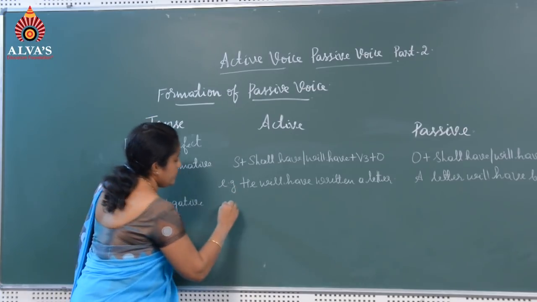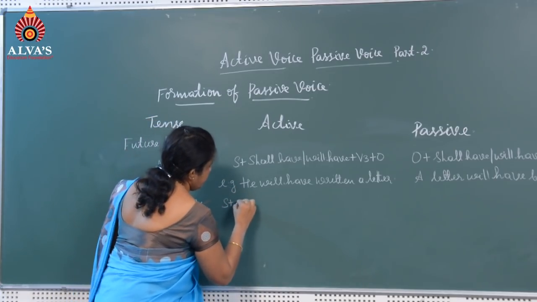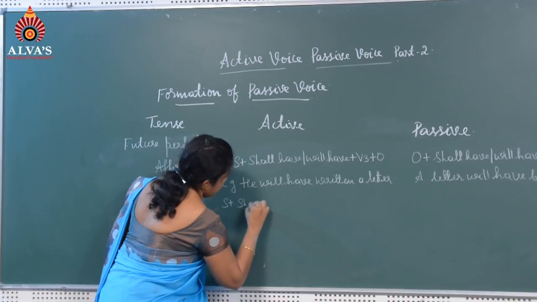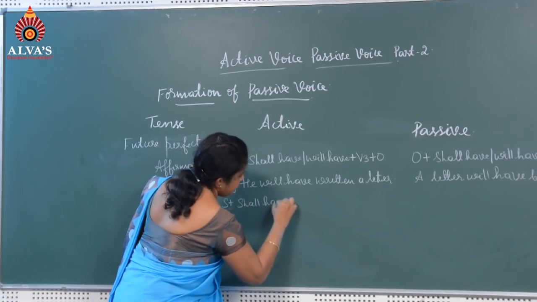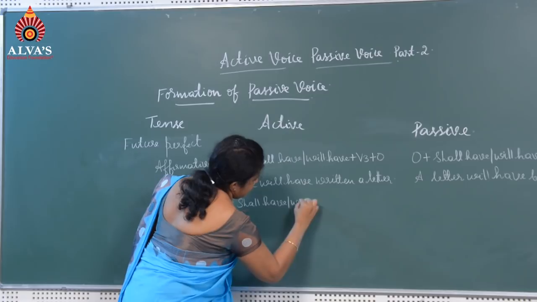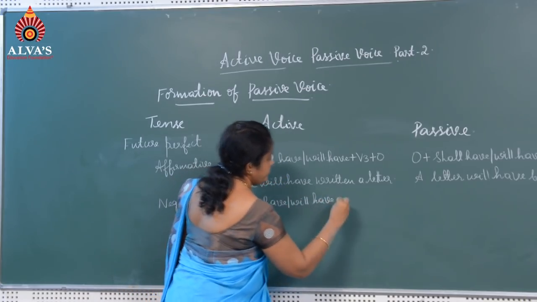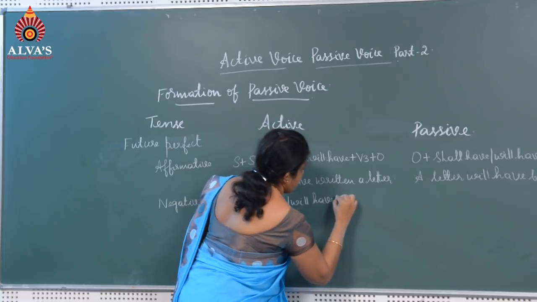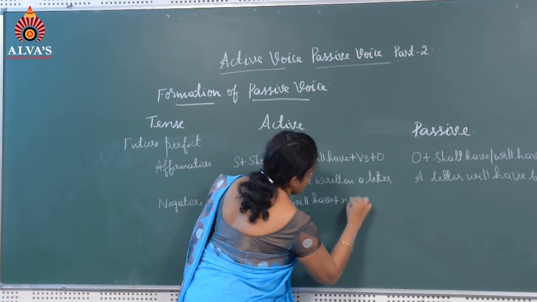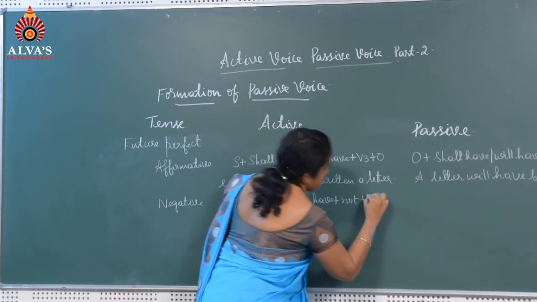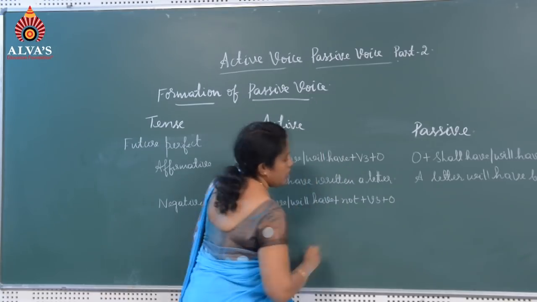The formula is subject plus shall have or will have plus not plus V3 plus object.